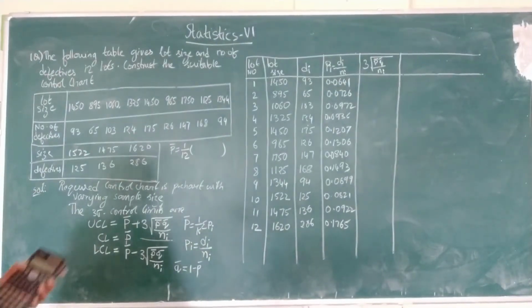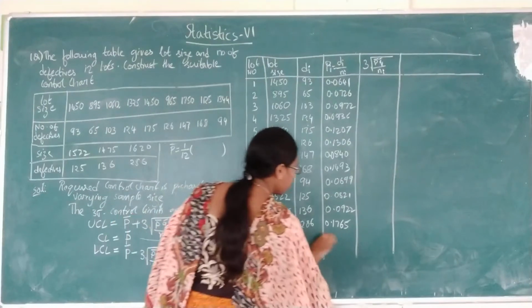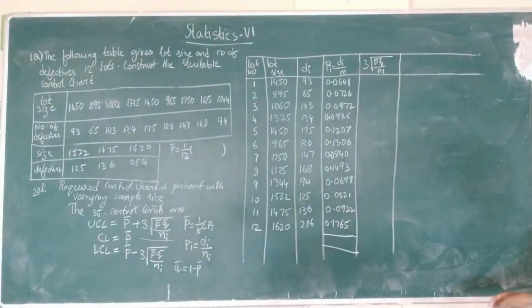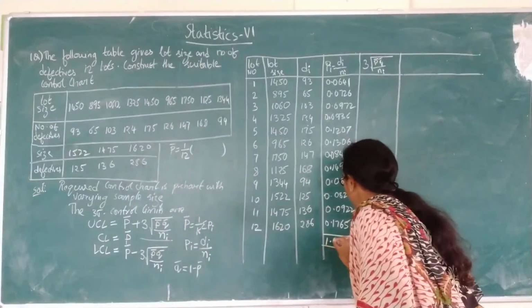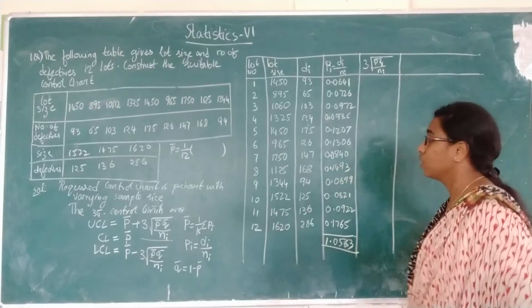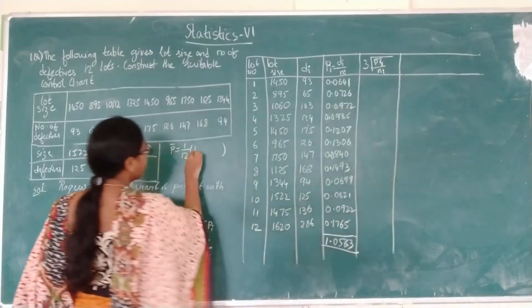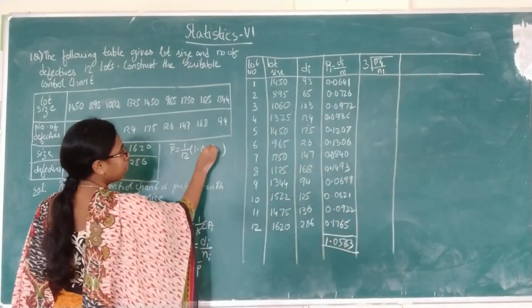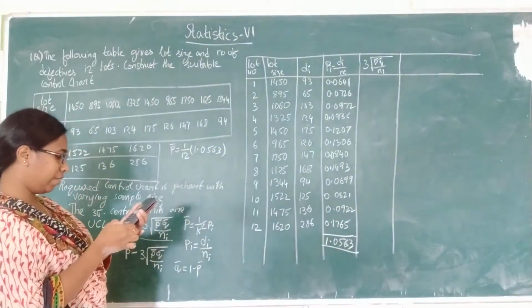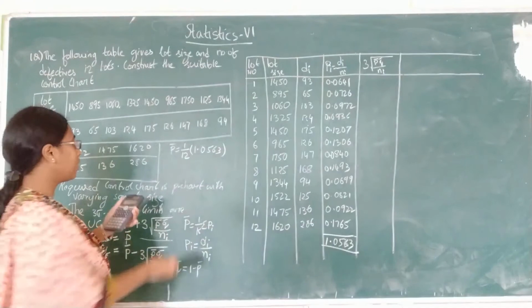So add all the Pi values, and you will get the summation of Pi as 1.0563. So you will get P bar as 1.0563 divided by 12.